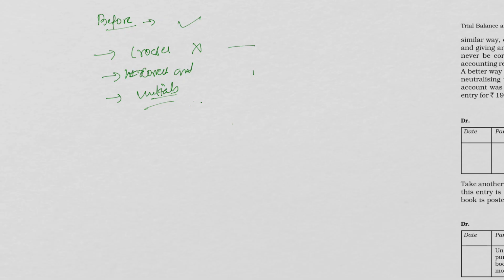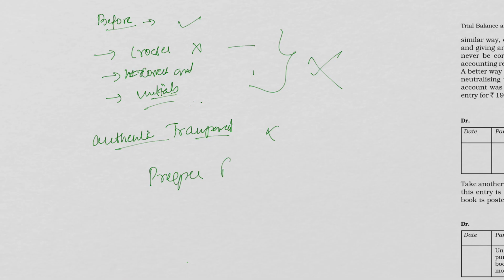But once the entry is posted to ledger, it cannot be erased. Why? Because accounting records must remain authentic as well as transparent. So erasing the entries may give the impression that something is hidden. Therefore corrections must be done by passing proper rectification entries.